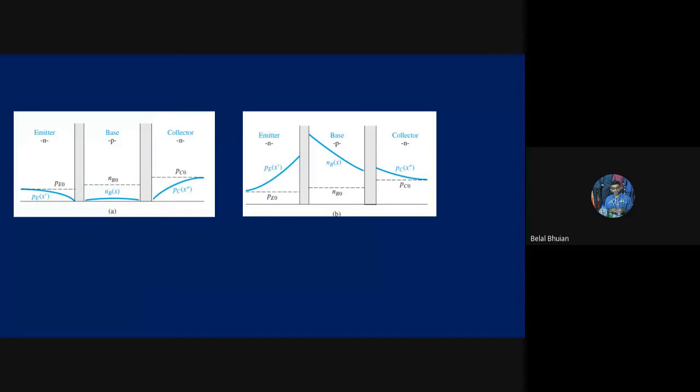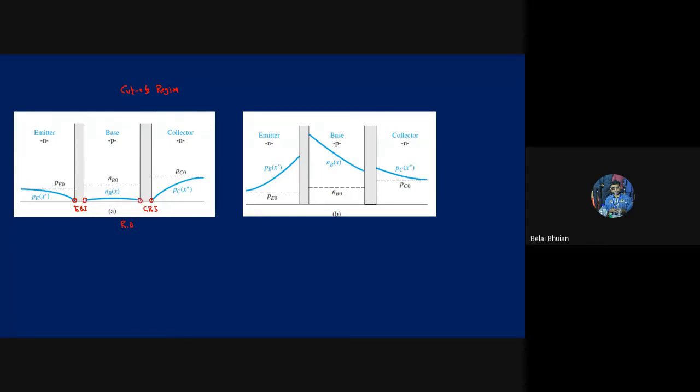And the next two, this is our cutoff region. In cutoff region, EBJ and CBJ, both of them are reverse biased. Now reverse bias means the profile is that the concentration on that edge is 0, concentration on that edge is 0, 0, 0.